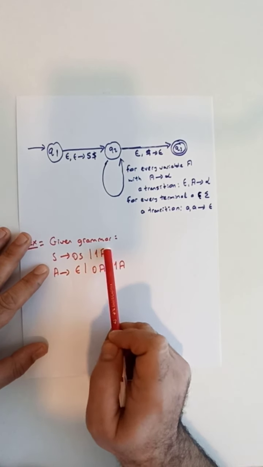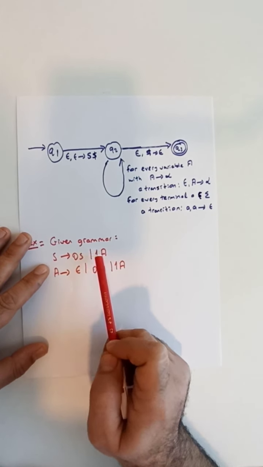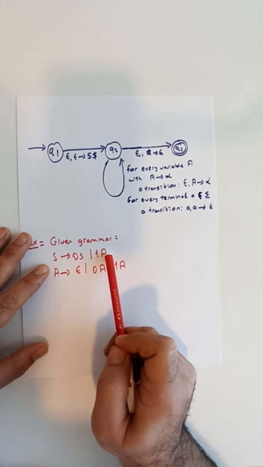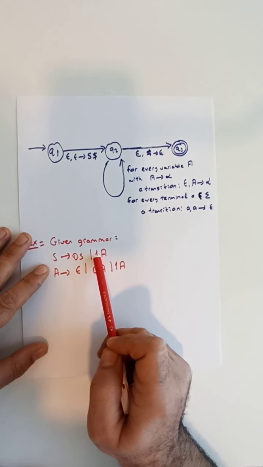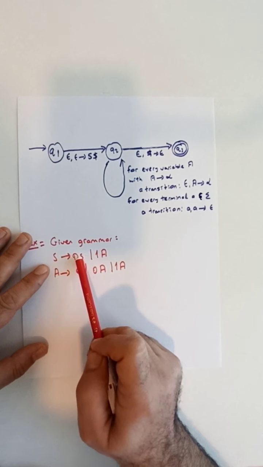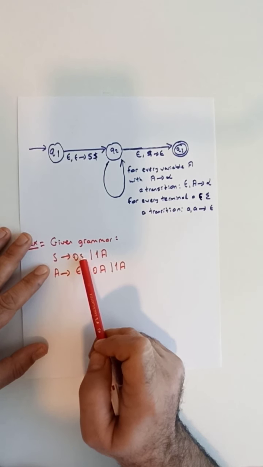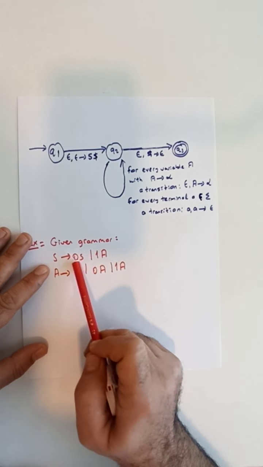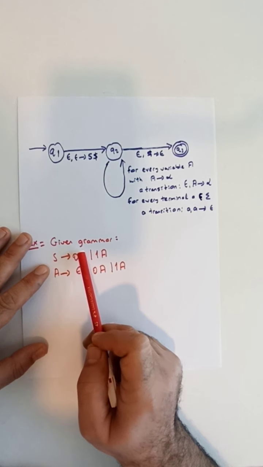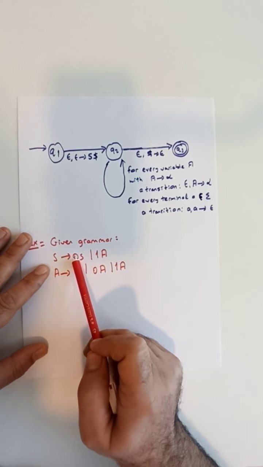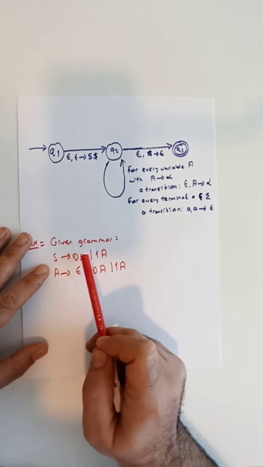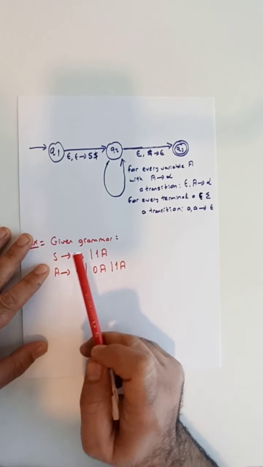Because A corresponds to anything and we are having a 1 at the beginning, this will generate all strings with at least one 1. And 0S, if S truly generates all strings with at least one 1, then 0S generates all strings with at least one 1 that start with a 0. Both of these cases handle all possible cases.